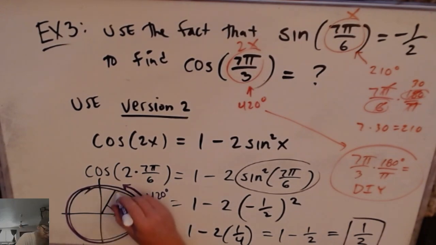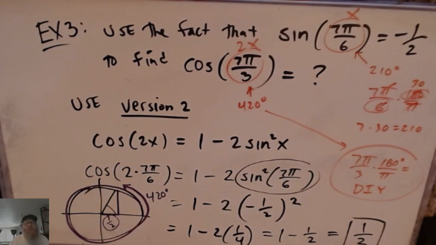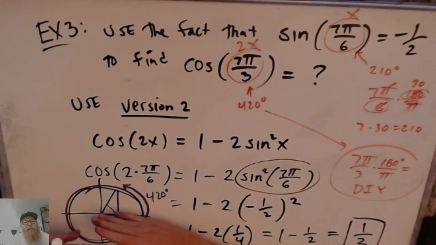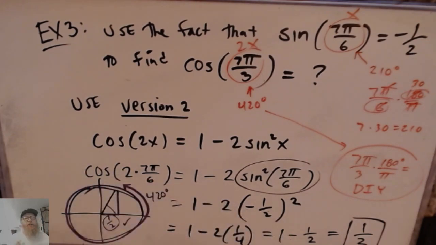And if you look at the triangle in the unit circle, it makes sense that cosine is 1/2. Check. The reference angle here is 60 degrees. It's like, imagine 360 plus an additional 60 degrees. Okay, so those are the double angle formulas for sine and cosine.